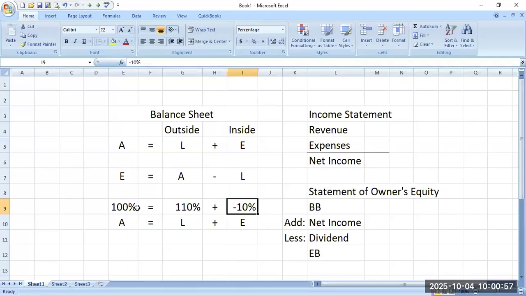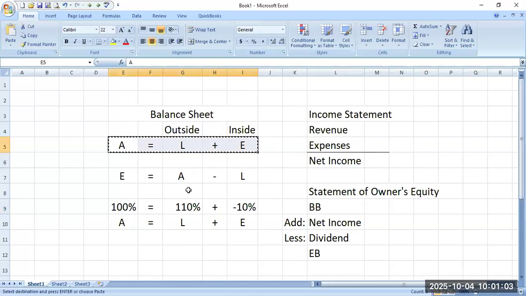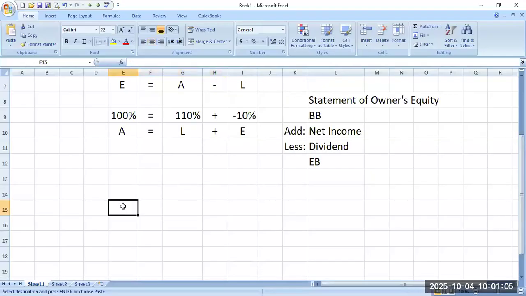So where are we going from here? We're going to what we're going to learn through this course. Let's go back to the accounting equation. Let's insert some cells here. This one, and I'm going to insert here another one.